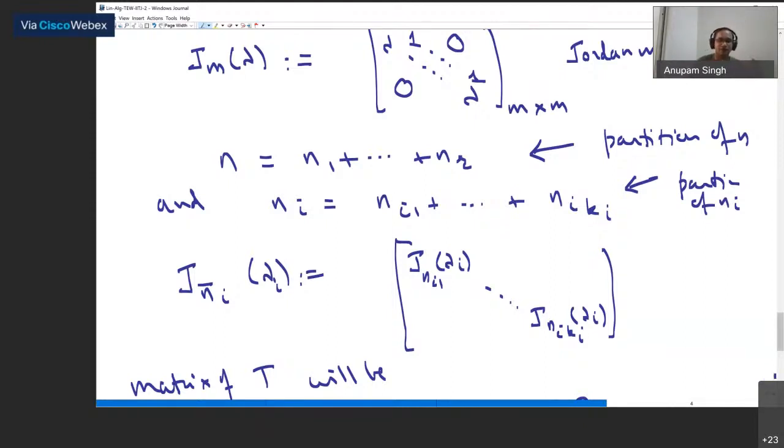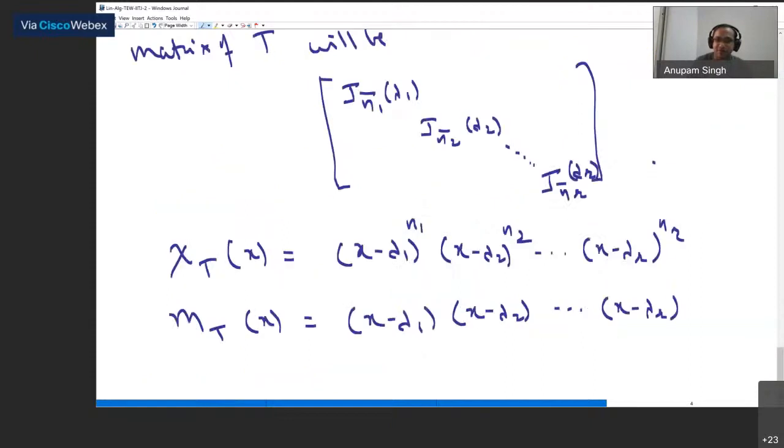For each block, for each eigenvalue, you can have more than one cyclic vector, which I'm yet to explain. But this idea you saw when I was trying to represent a nilpotent matrix. So for each eigenvalue, there is a corresponding, let's say, something like a nilpotent. That means it will again correspond to a partition. So for each one of them, you have to write a partition again.